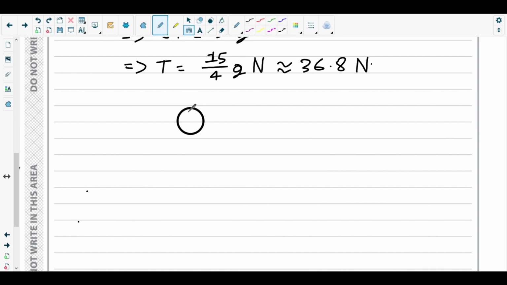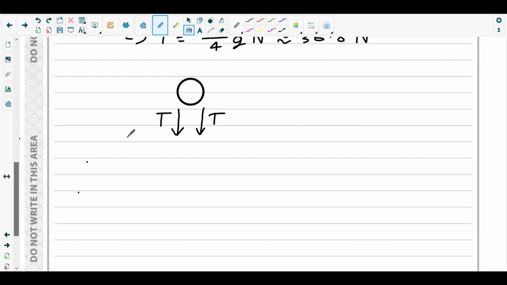One tension is acting on the pulley due to the string connecting particle P. Another tension is for particle Q.